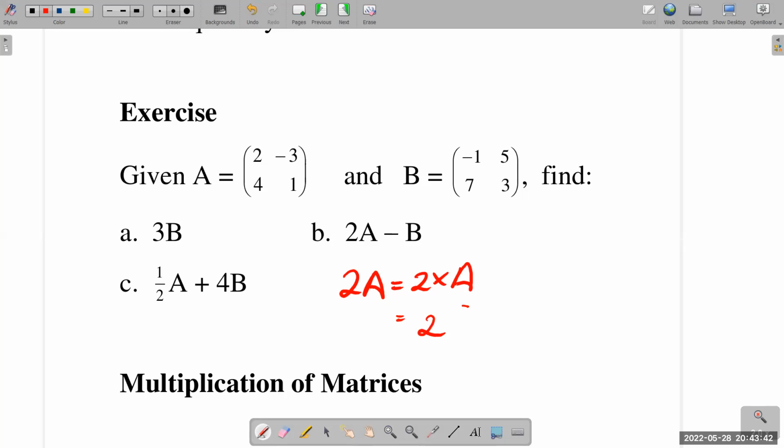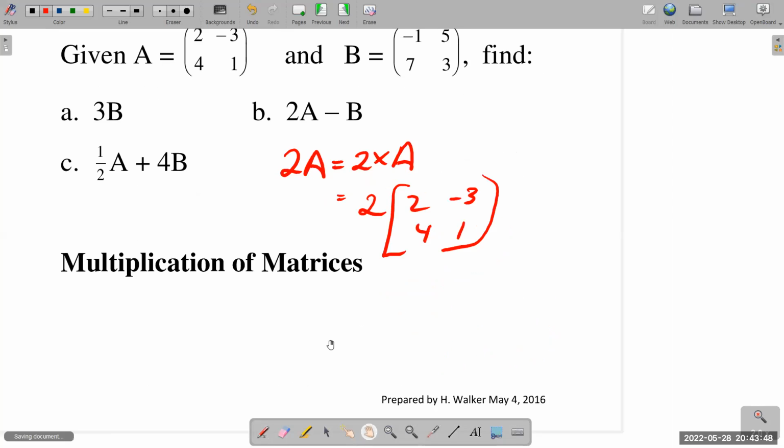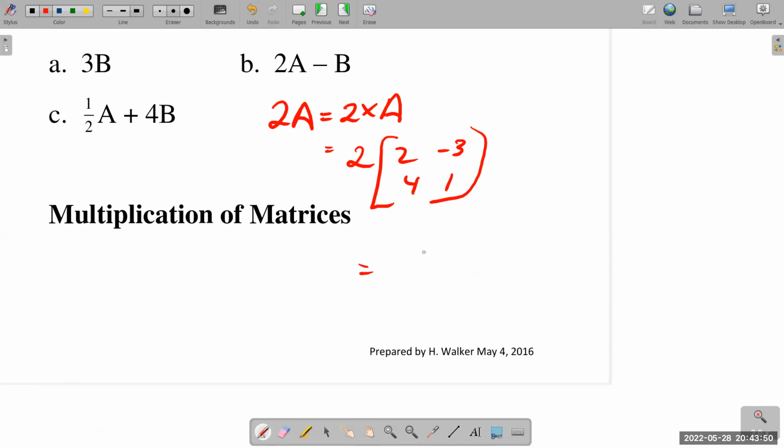So quick revision, 2, -3, 4, 1. What is this equal to? This is going to be equal to 2 times 2, 2 times -3, 2 times 4, 2 times 1. And everybody should know how to multiply that out.